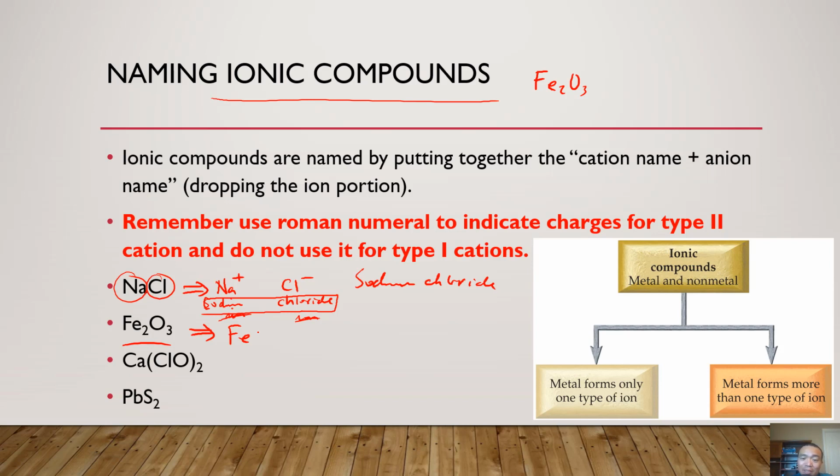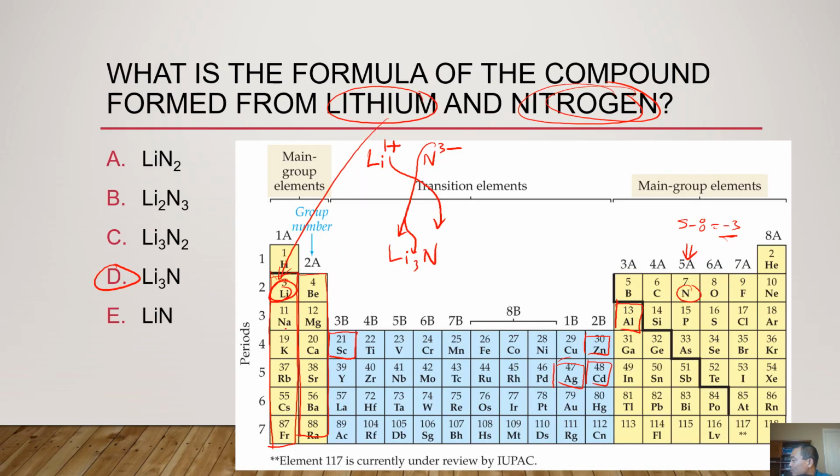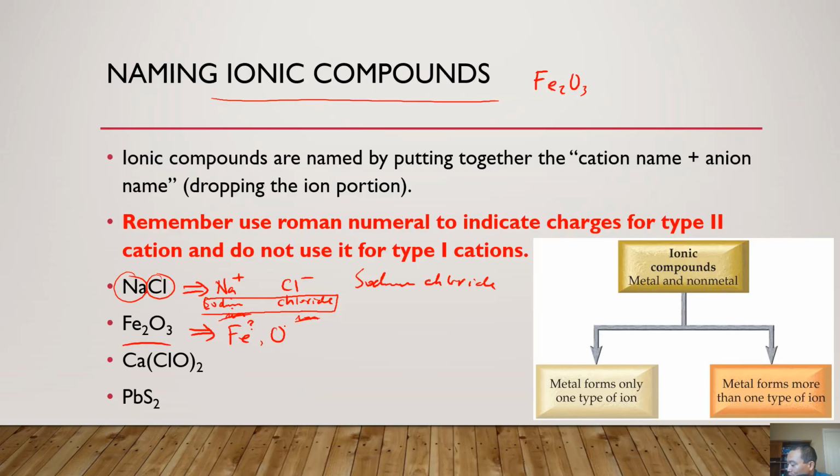Because it's not group 1A, not group 2A, not the 4 or 5 other elements I ask you to memorize. So we do not know the charge. You have to calculate this charge. But oxygen, we do know it's in group 6A. Look at the periodic table at group 6A. So oxygen should carry 6 minus 8. So we do know oxygen is O2 minus.